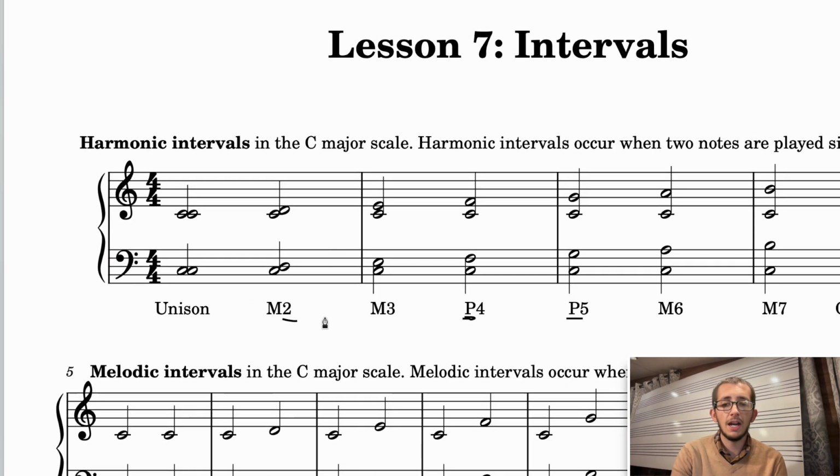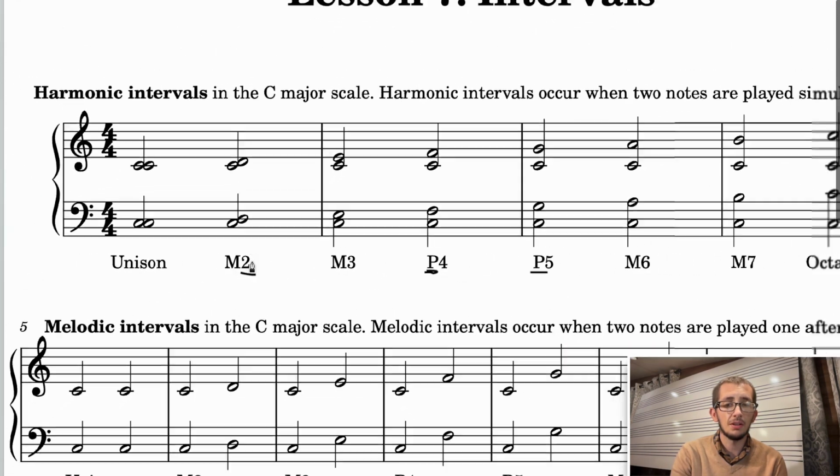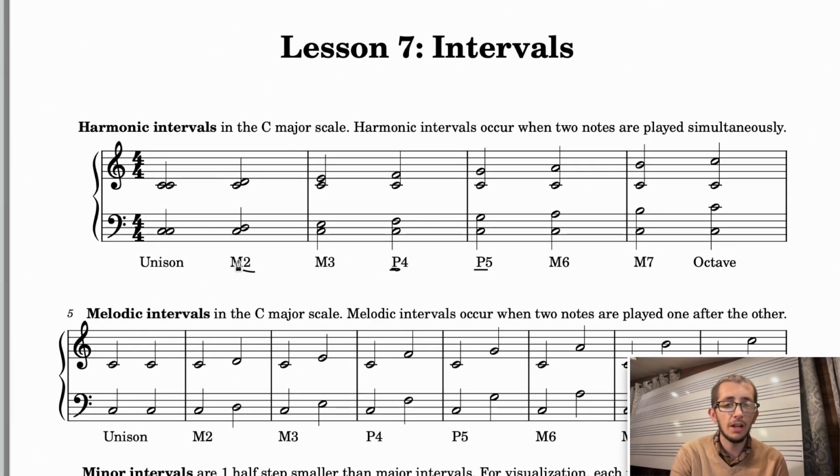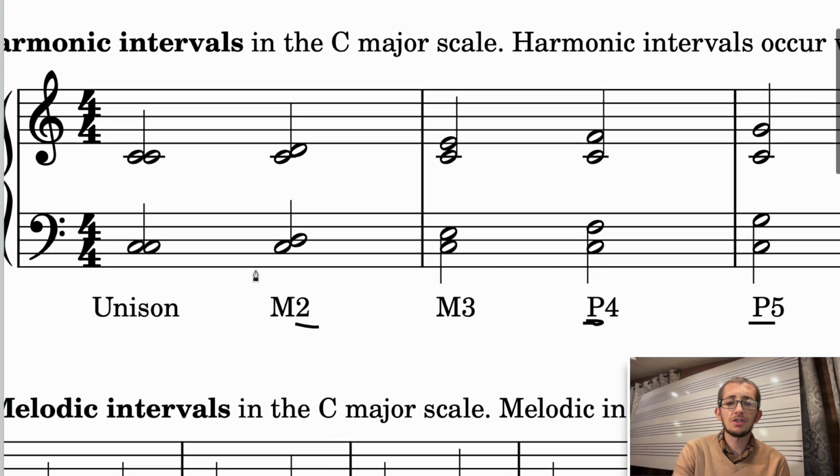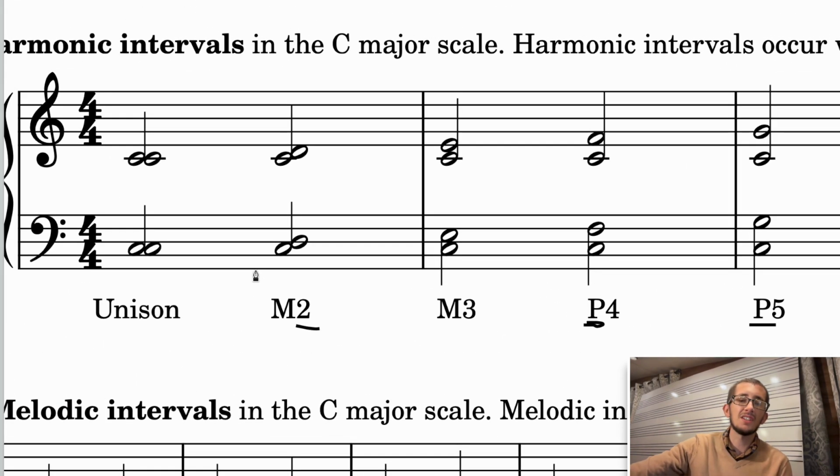And then we also have the interval quality. Now in this case right here, I've got a major second. It's a major second because that C to D occurs within a C major scale. So the next note in a C major scale is D after C. So C to D is an interval of a second, but we also call it a major second.